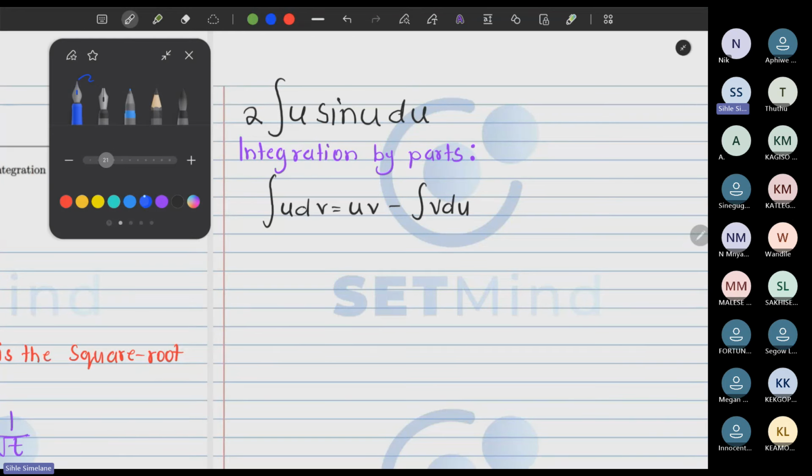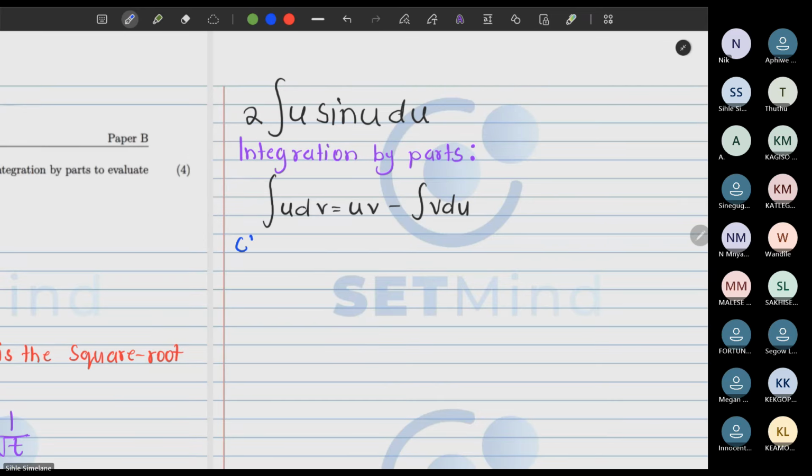Sorry, I wrote that wrongly at first. And remember, when doing integration by parts, guys, you need to choose u and dv. You don't choose u and v. Some of you make that mistake.